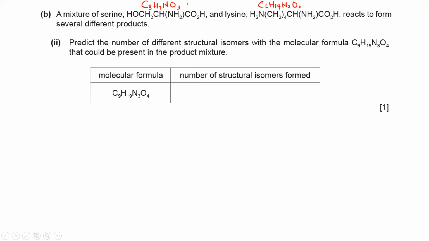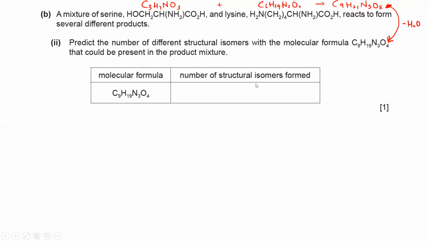If I add these two together, I'll get a total of C9H21N3O5. So again, we compare these two and we realize that from here to here is actually minus water. So again, they undergo condensation reaction.